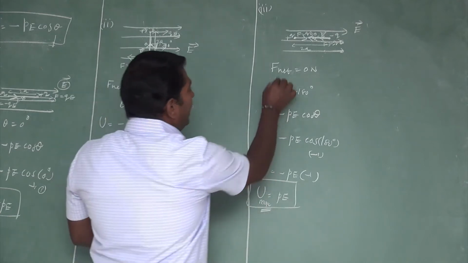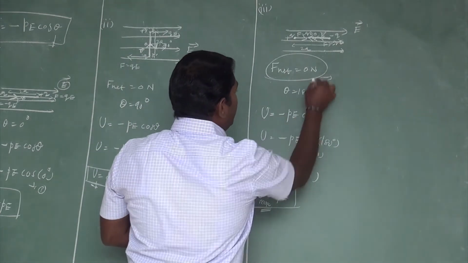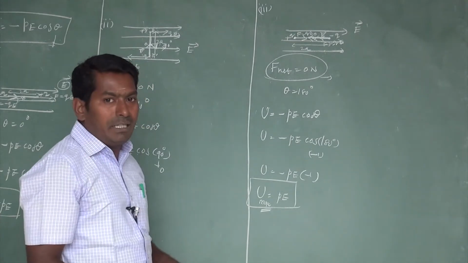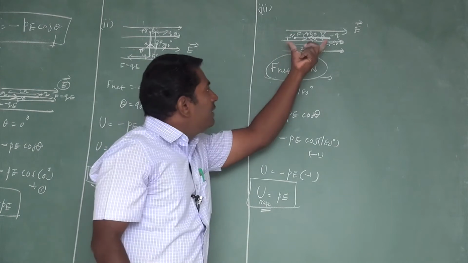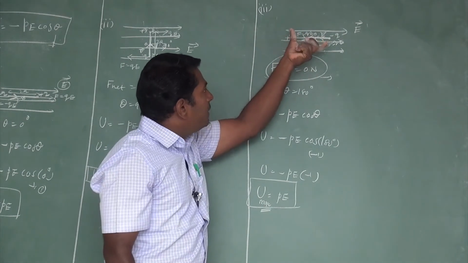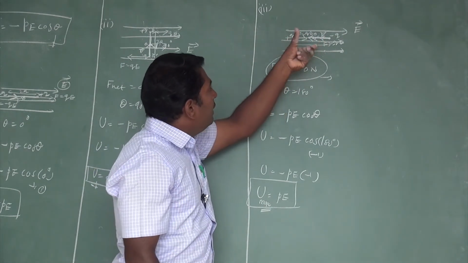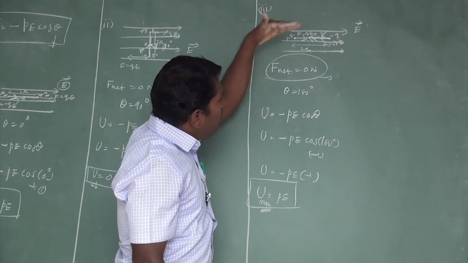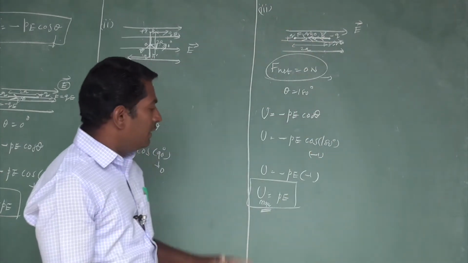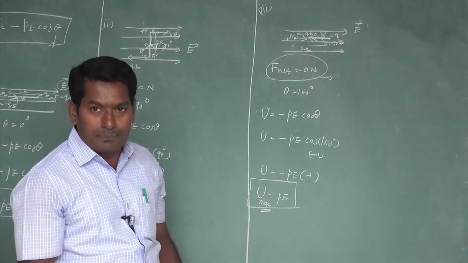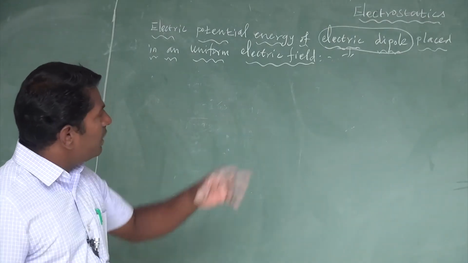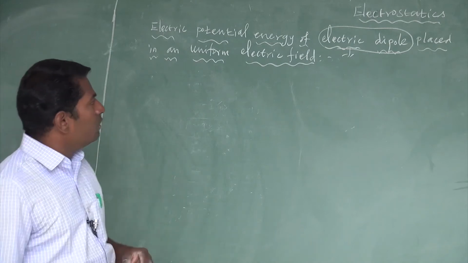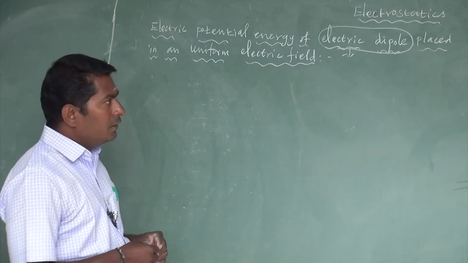Equilibrium means that the net force experienced by the electric dipole is 0. Then the system is in an equilibrium position. But this position is unstable. Why unstable? When the electric dipole is slightly displaced, the electric dipole is aligned in the uniform electric field and comes parallel with the direction of the electric field. That is unstable equilibrium. See, students, I finished the electric potential energy of an electric dipole placed in a uniform electric field in quick view.